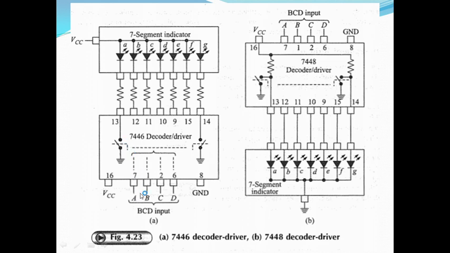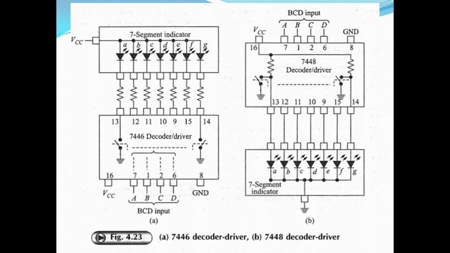Depending upon the BCD input, some of the transistors will be on and some will be off, and depending upon that, of the 7 outputs, some will be high and some will be low. Whichever output is low, that particular LED is going to be on, and it will display that particular digit.